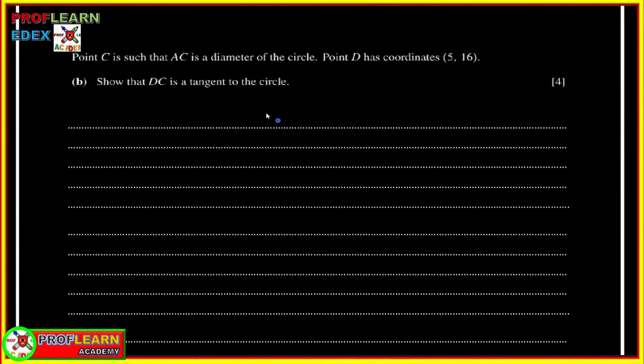So in order to work out this question, I'll start by working out the gradient of AC, which is the diameter. I can even say CB. I can work out the gradient of CB or AC, and then I'll work out the coordinate where that line DC rests on the circle.